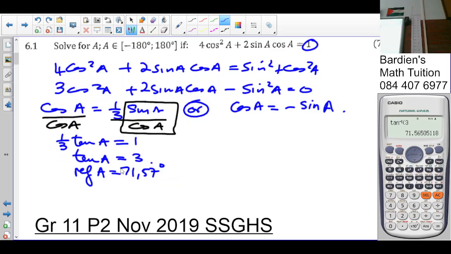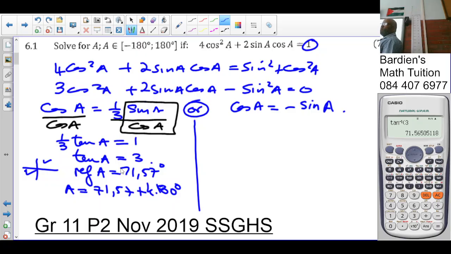In which quadrant is tan positive? First and third. But remember, tan is a repeated solution. I'll just write the first quadrant. So A is going to be 71.57 plus k times 180. On the other hand, we do the same story. You divide both sides by cos. Why? Because sine over cos is tan.